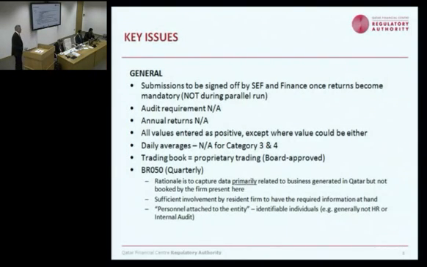The one form that has raised a lot of questions is the supplementary data, the BR050, which is a quarterly form, so it will be applicable now in December. I think the best way to describe what this form is about is to capture the logic. What we are trying to get is data related to transactions that are generated here but not booked here.